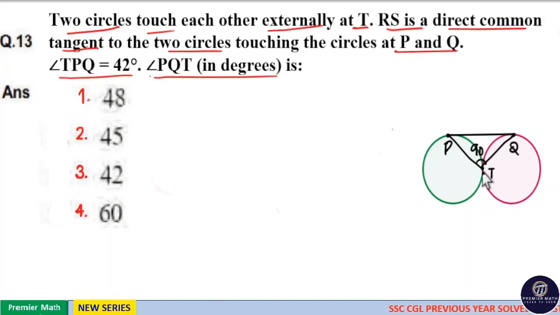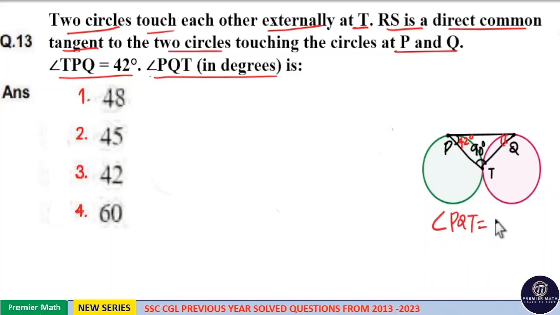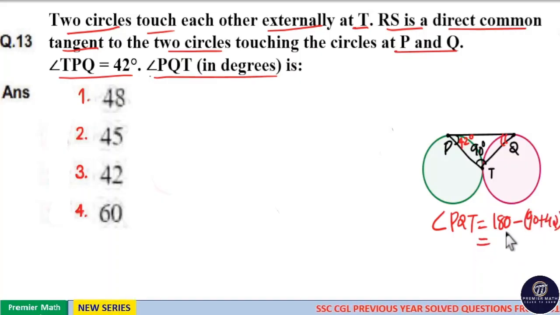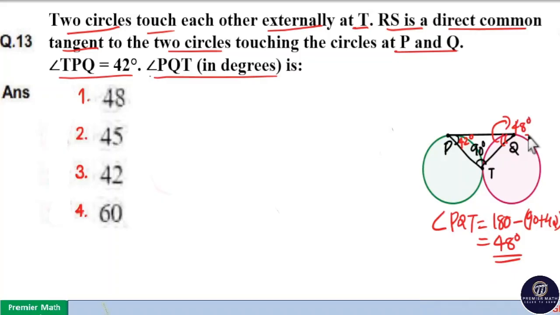That is, at this external point where the two circles meet, this common tangent subtends 90 degrees. Now, the question already says this one is equal to 42 degrees. Then, this angle is angle PQT. Angle PQT is equal to 180 minus (90 plus 42), which is equal to 180 minus 132, that is 48 degrees. So here this angle is equal to 48 degrees.